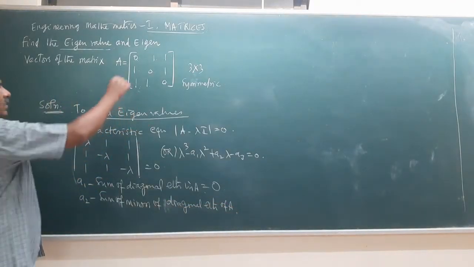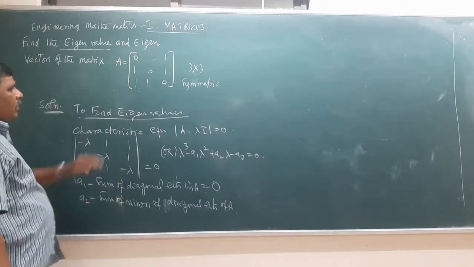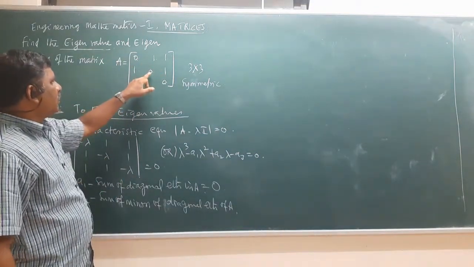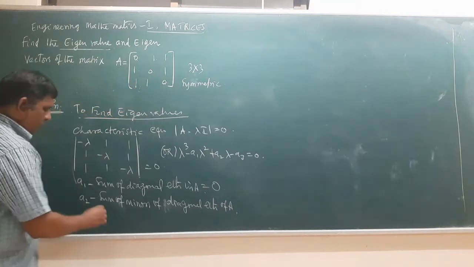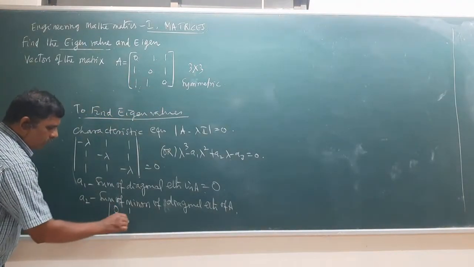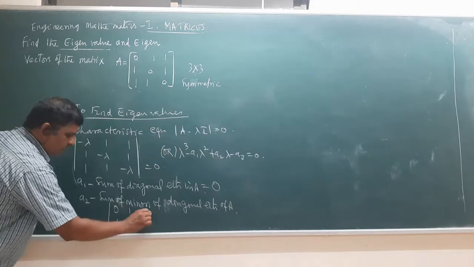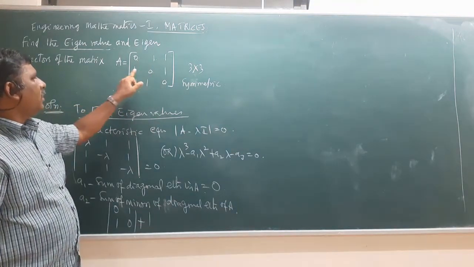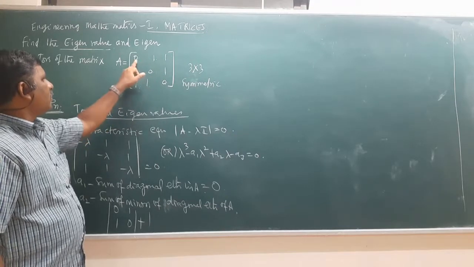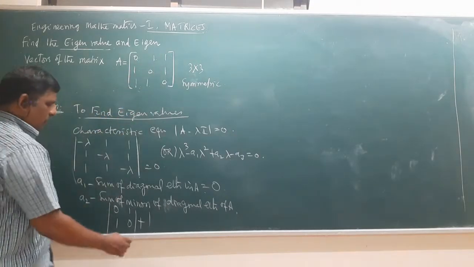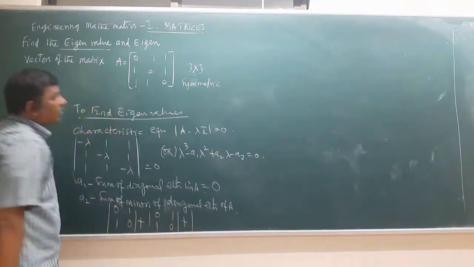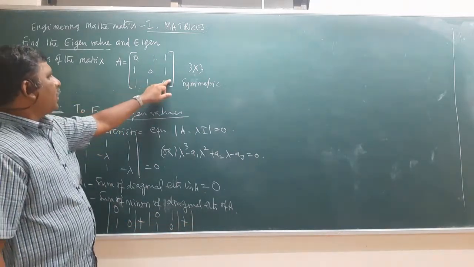See, it is the first diagonal element. You leave the respective row and respective column. The remaining value is 0, 1, 1, 0, plus. Second diagonal element is this one. Leave the respective row and column, 0, 1, 1, 0, plus. Third diagonal element is 0.